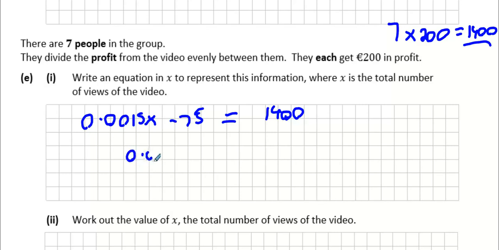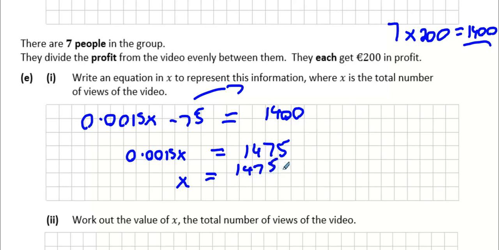So check this out. We need to find out the X value. So bring 70 out the other side and we get 1,470. Next, we're going to divide the 1,470 by 0.0015.